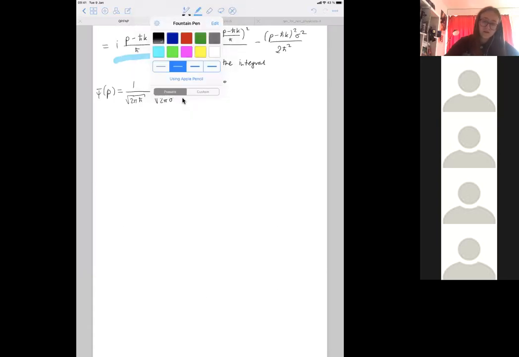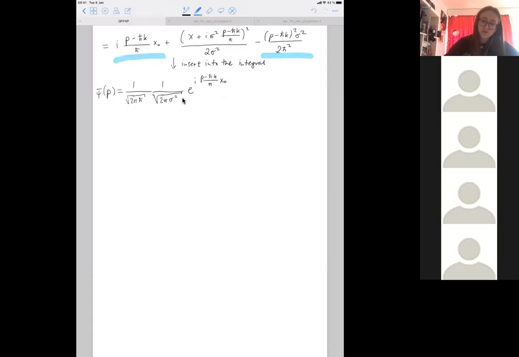Then again, another exponential that we don't have to integrate over. And then finally, the integral from minus infinity to plus infinity of the full square.